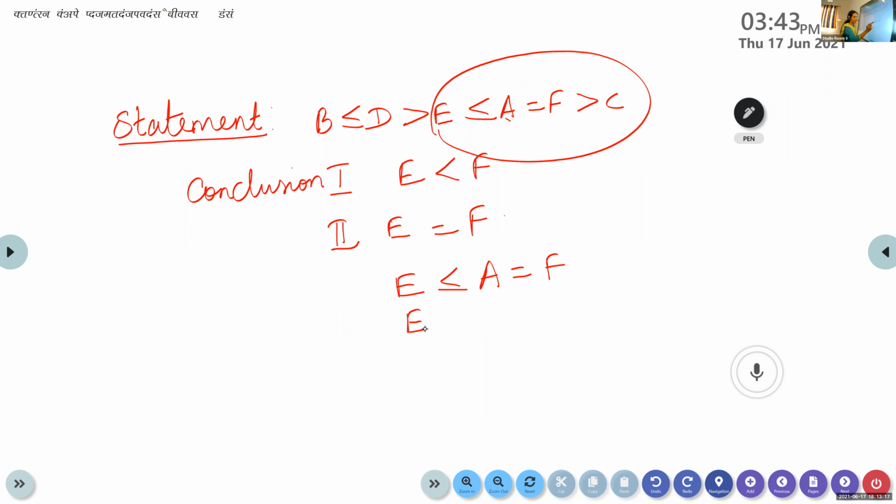From here, A equals F, so we can write E is less than or equal to F. What is the conclusion?